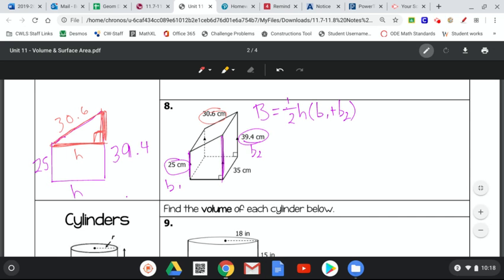Well, what we know is the whole length of that side is 39.4. The part that we don't want, the part that's not in red, is the 25. So all we have to do is 39.4 minus 25. And when we do that, that gives us 14.4.